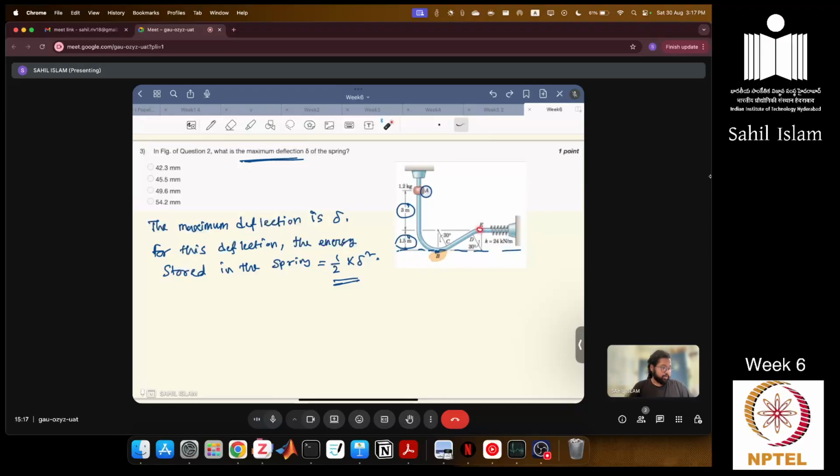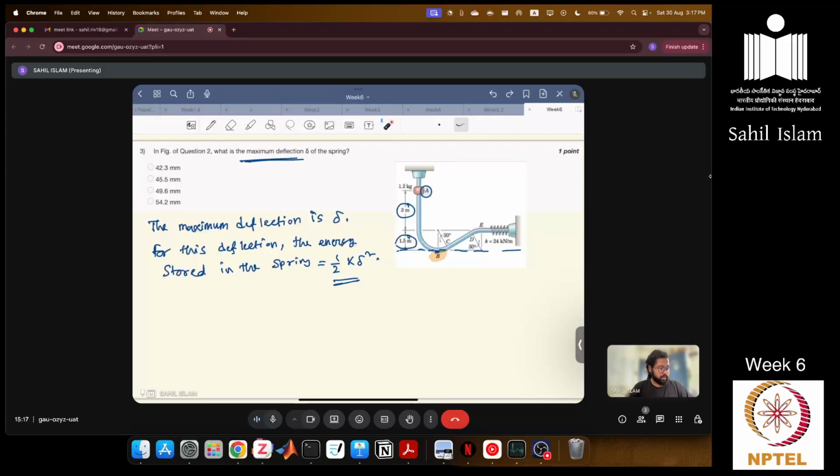At this point it will have some potential energy, and this is what it will press the spring with. If we can find the energy at this point, we will be good to go, right? So what is the energy at this point?